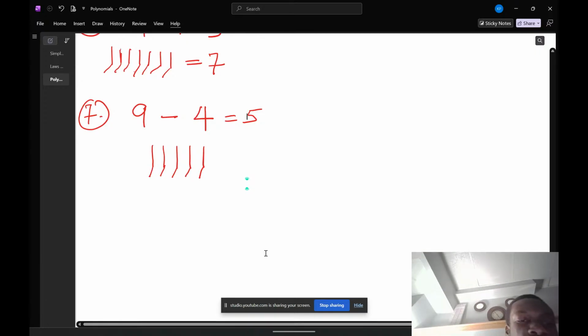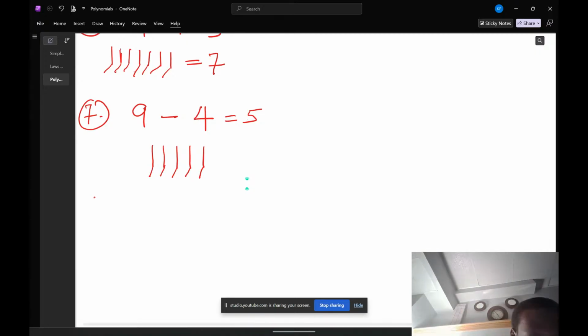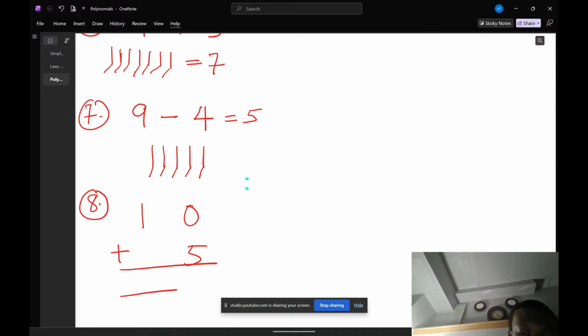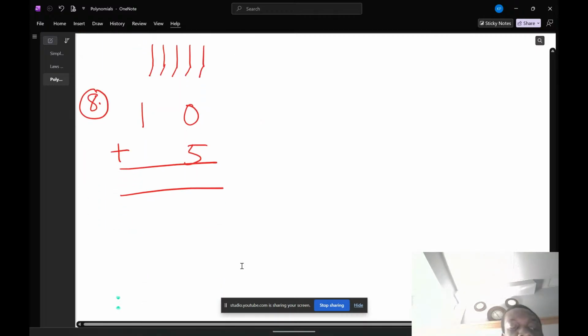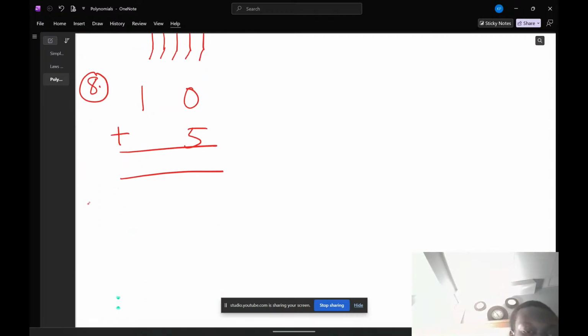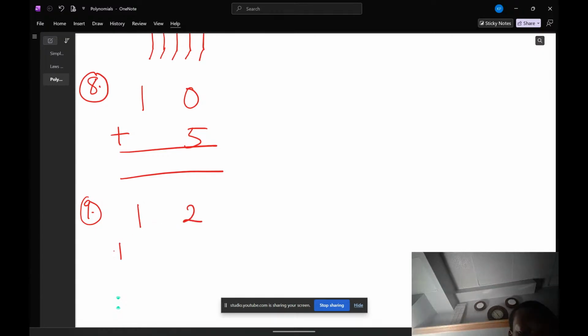So now we're going to do addition of 2 digits. Okay. So now we are going to do 10 plus 5. Okay, I'm going to write out everything before I start solving. Number 9, we have 12 plus 8.